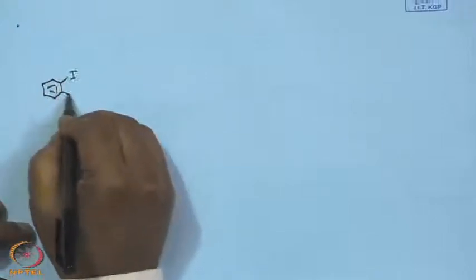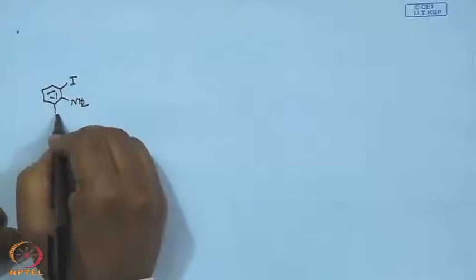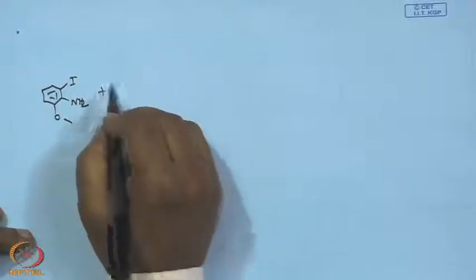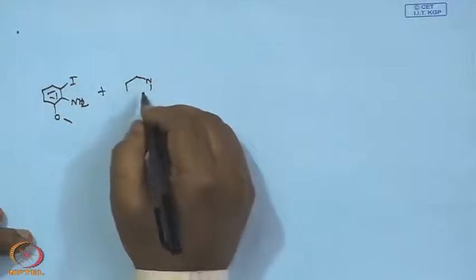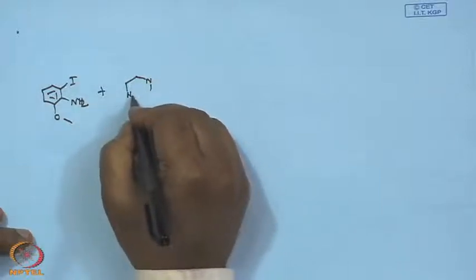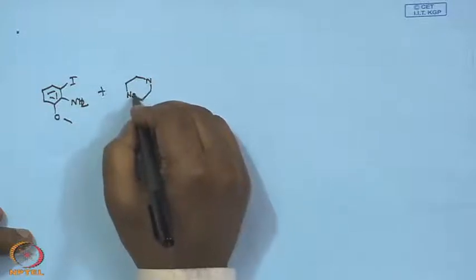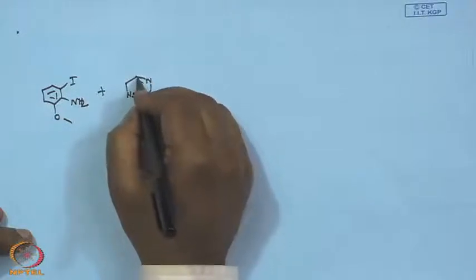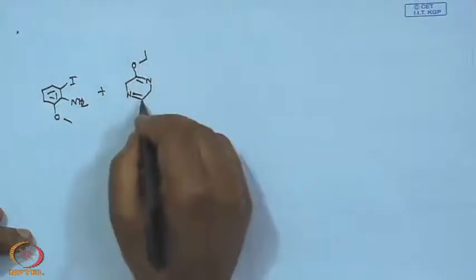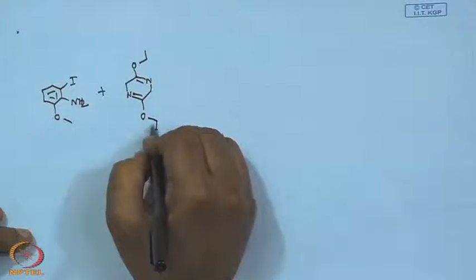I will just give you one example that will tell you the importance of this reaction. It can accommodate all kinds of substituents, like you have aniline, oxygen here, and then this is a chiral auxiliary. I do not know whether you know or not. This is a chiral auxiliary where you will have this ethoxy on both sides.